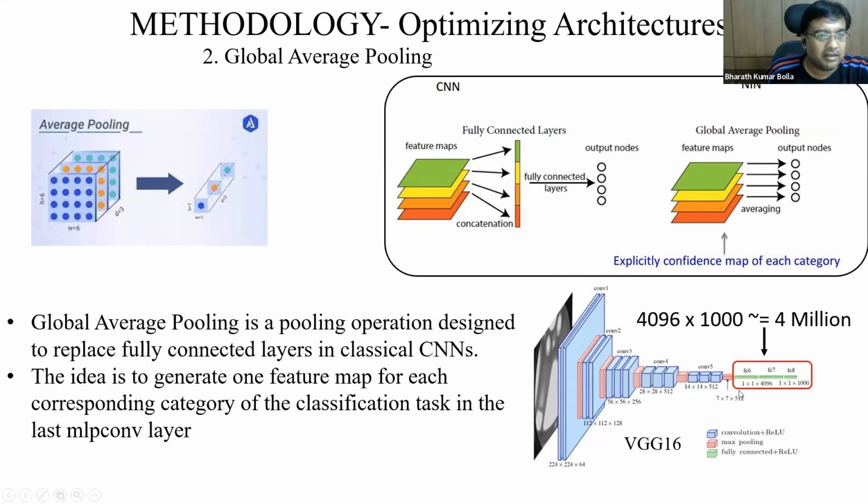For example here, this will end up with a 512-dimensional vector. This 512-dimensional vector you can multiply with 1000 data points, which results in 500,000, right? So from 4 million, you are reaching 500,000. That itself is a great 1/8 reduction in parameters, right? So you can use global average pooling in your custom architectures instead of directly flattening in your deep neural network.